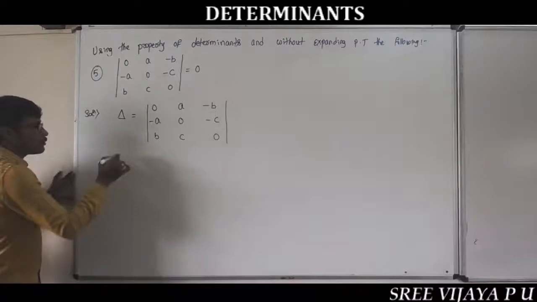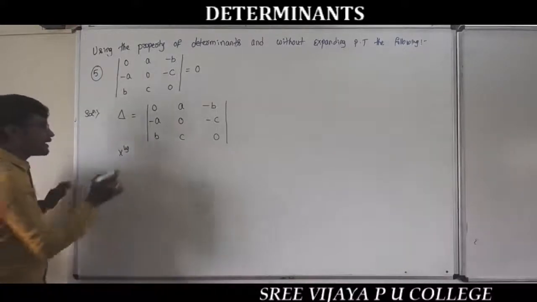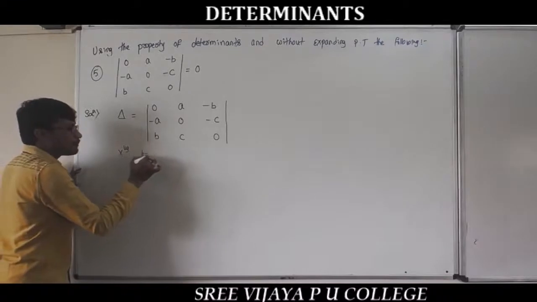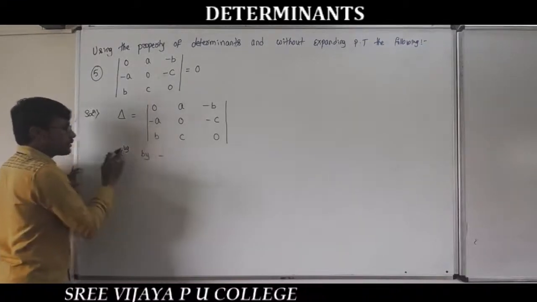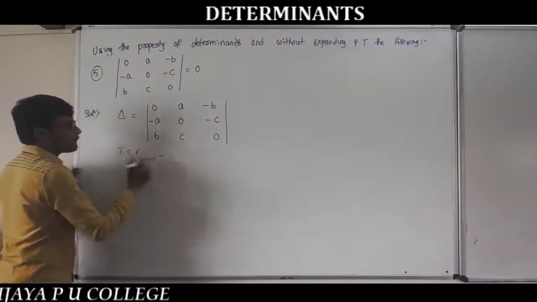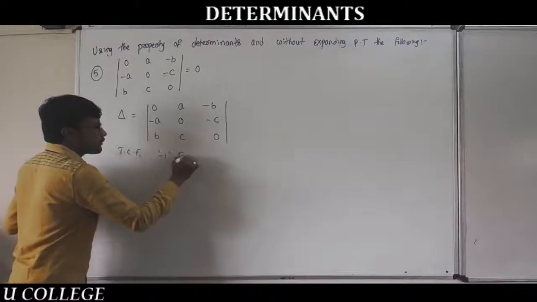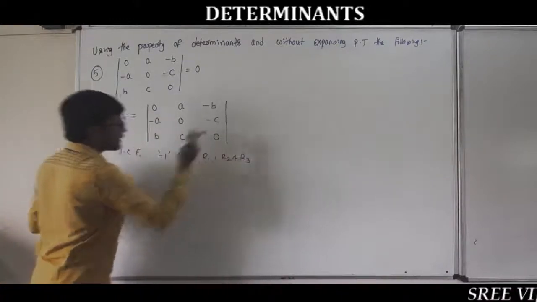How can we continue? Multiply. What can we do? Take common factor minus 1 from R1, R2 and R3.